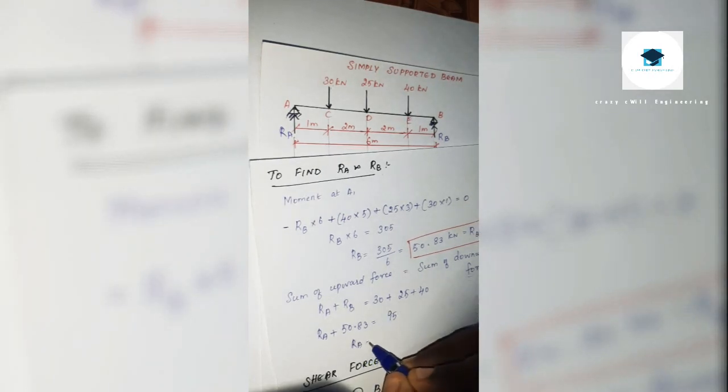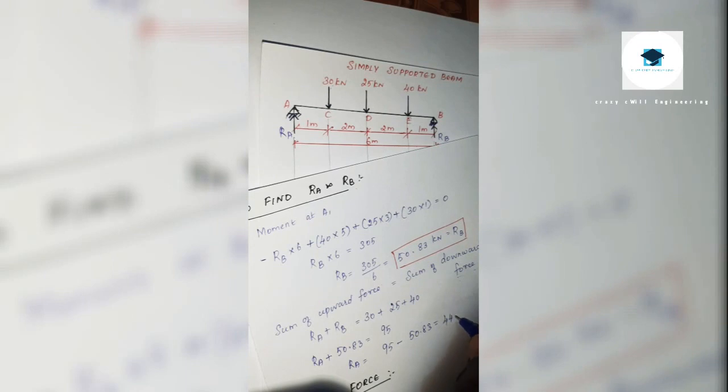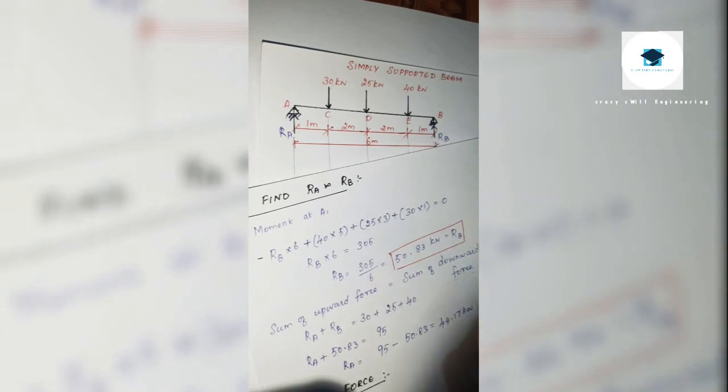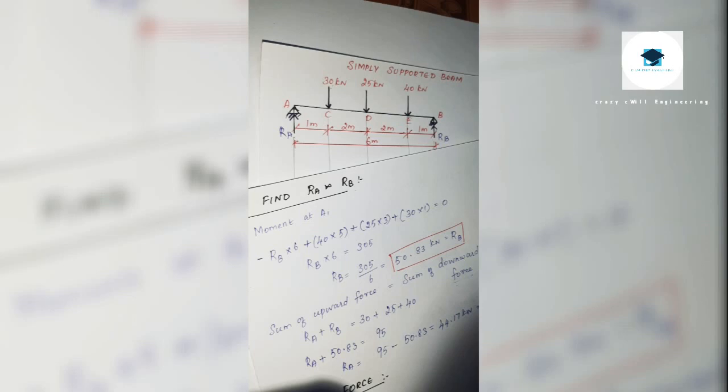RA equals 95 minus 50.83, which is 44.17 kilonewton.